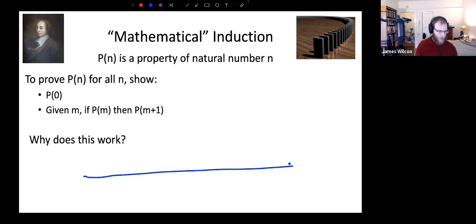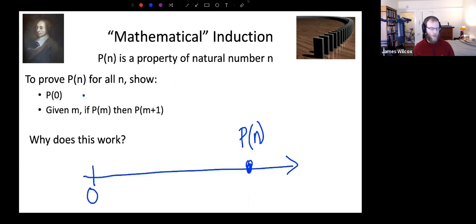Let's say we've got all of our numbers, zero over here somewhere, and we're trying to prove that P of n is true. Well, if we want to get to a proof of P of n, these two steps, prove it for 0 and prove that if it's true for a number, then it's true for the next number, allow us to basically build up a proof of P of n step by step.